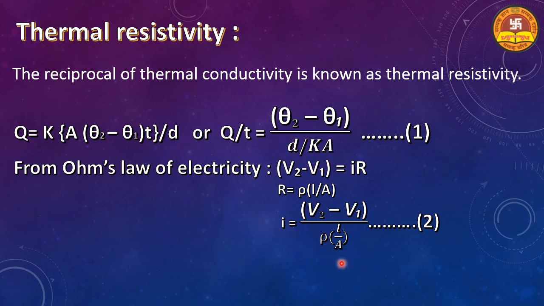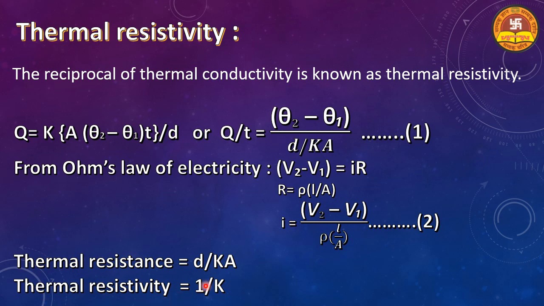That means d by K into A is known as thermal resistance, that is the width divided by thermal conductivity into area of cross section. And this rho into L by A is known as electrical resistance. So thermal resistivity will be written as 1 divided by K.